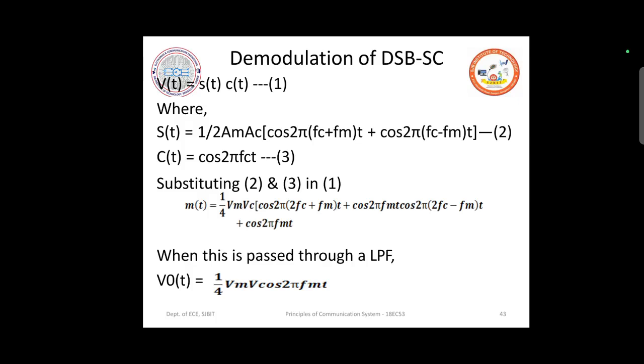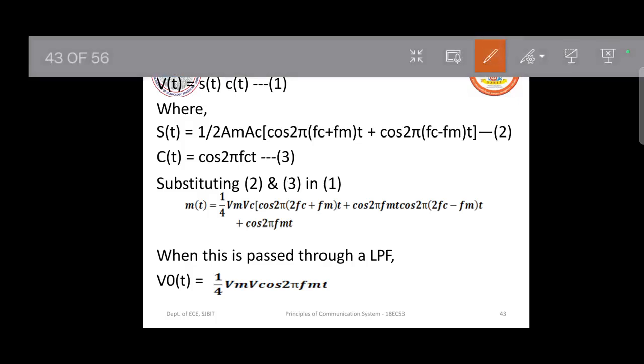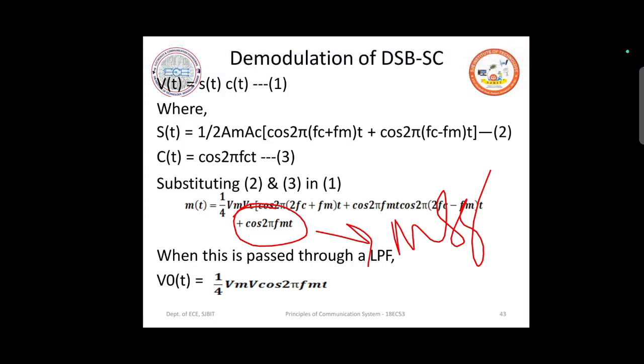If you observe the third component right here, this becomes your message signal. Okay, so this is how the demodulation is performed, which is obtained after passing the signal through a low pass filter.